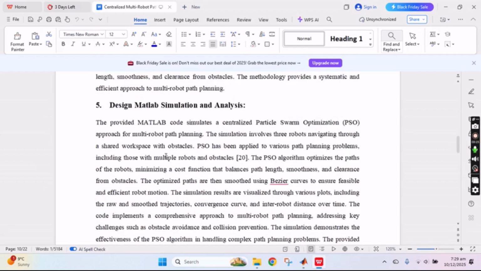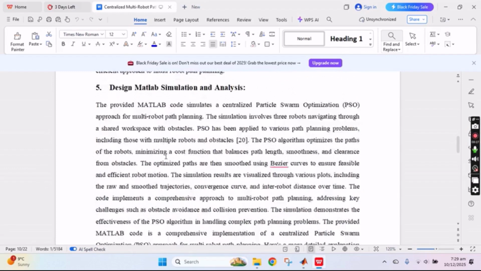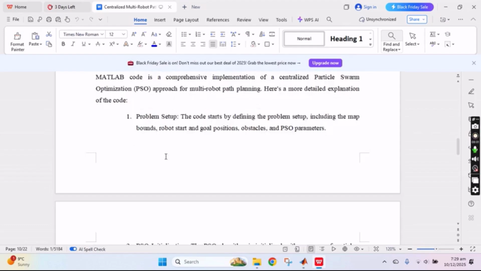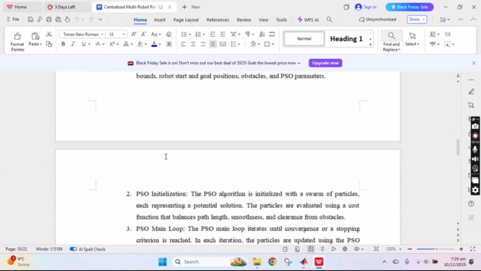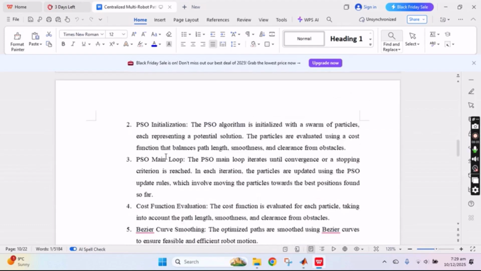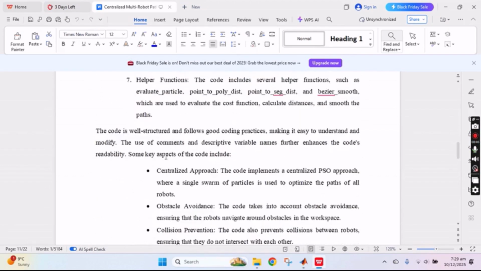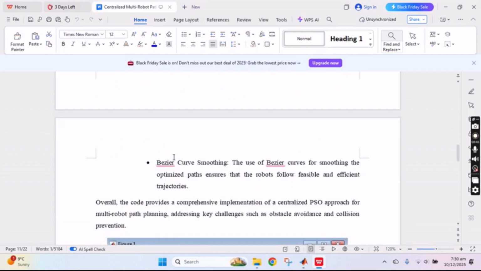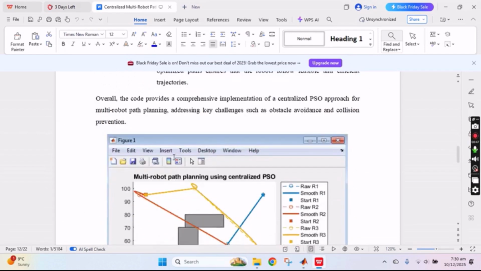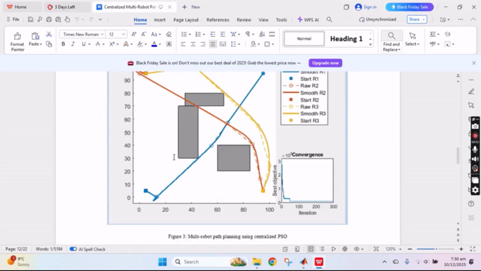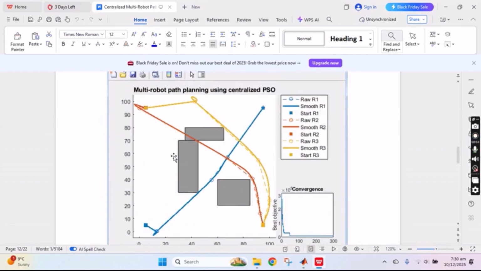And here is the MATLAB simulation with its analysis, which provides us the complete problem setup with PSO initialization, PSO main loop, cost function evaluation, helper functions, and centralized approach with obstacle avoidance and collision prevention, as well as the multi-robot path output results according to the centralized PSO.